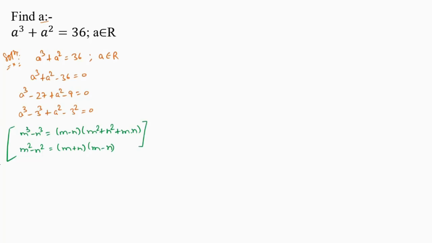So the above equation will become a minus 3 times a square plus 9 plus 3a plus a plus 3 times a minus 3 equals to 0.